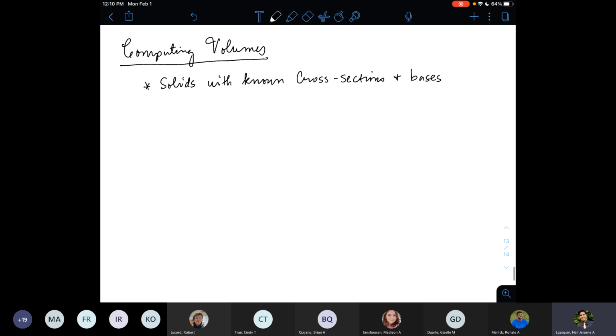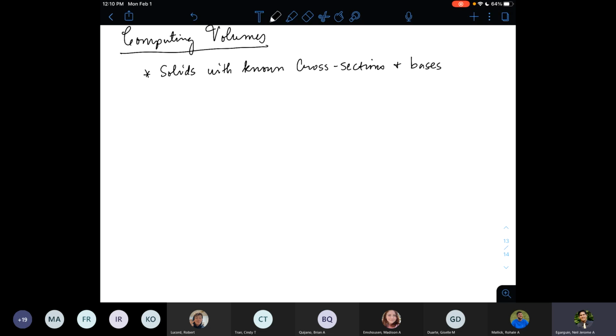So the idea here is you will be given at least two pieces of information about the solid that you want to compute the volume of. You will be given how the base looks like first. So I suggest you draw at least a rough picture of how the base looks like.